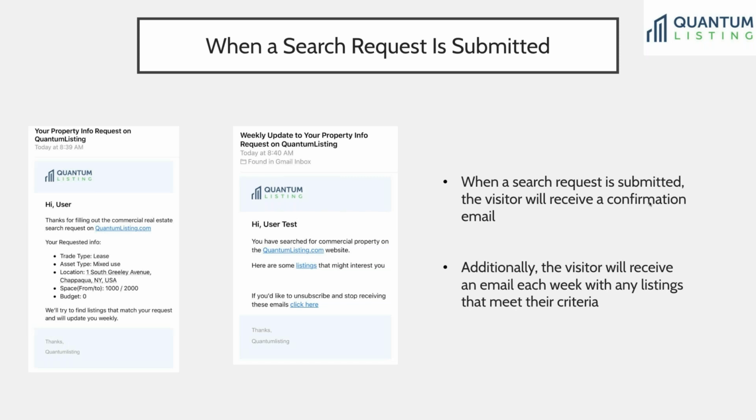In addition to that email, they're going to get a weekly update from QuantumListing that has listings that meet their criteria. And if they're tired of getting those listings, or they've gotten you to help them, or they've had that request satisfied in some other way, they can unsubscribe from those emails. So you don't have to worry about something being a nuisance. So good things to know.